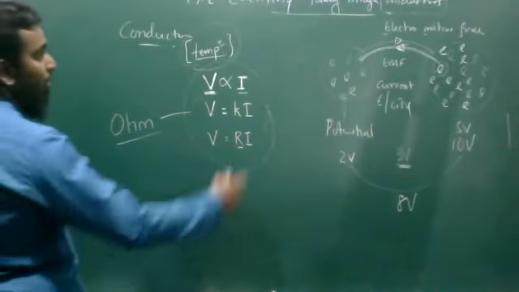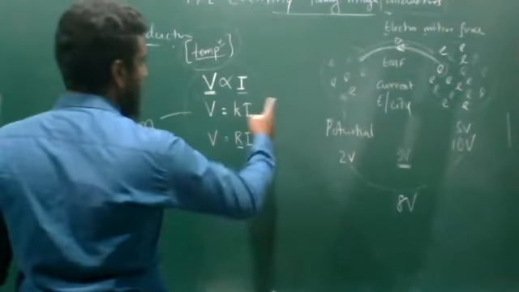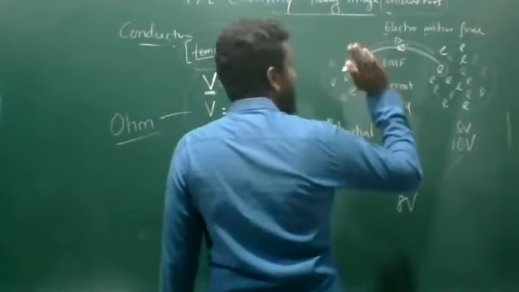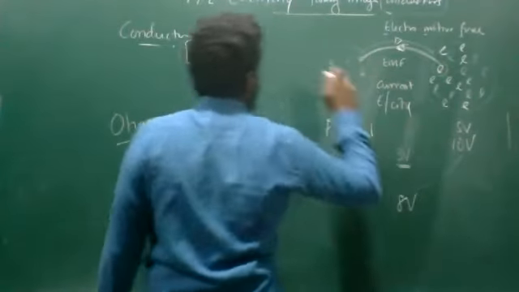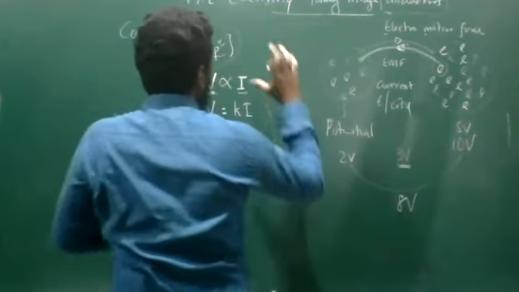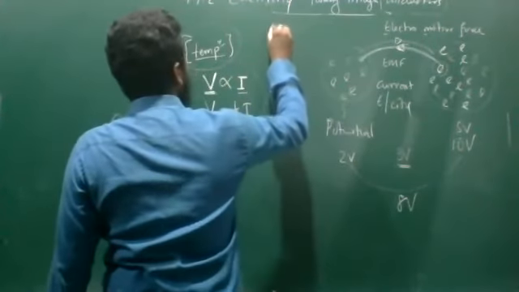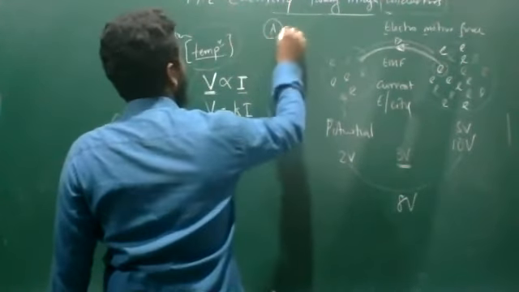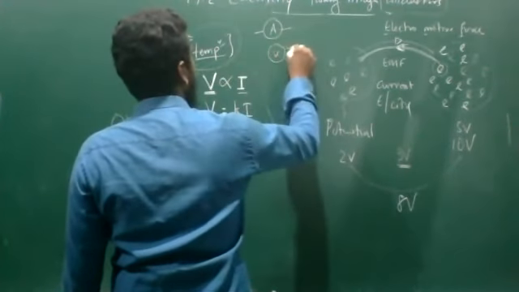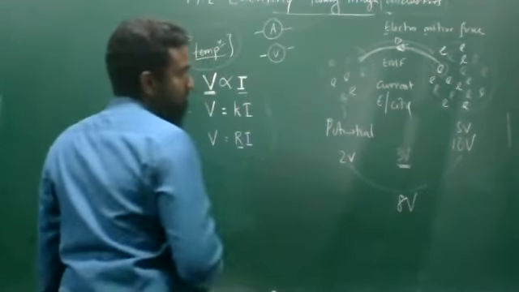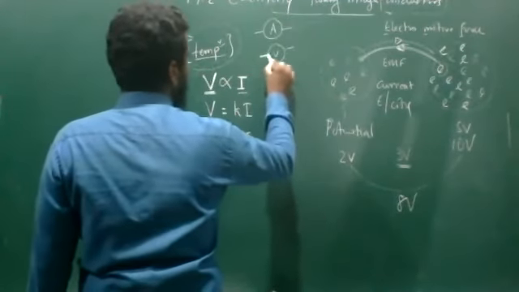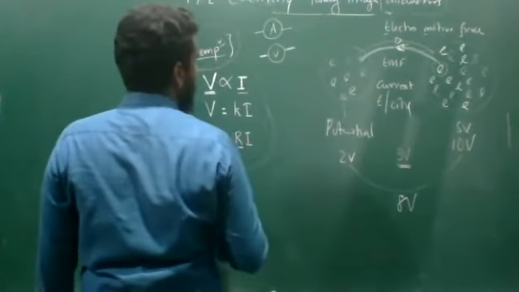Now, another thing that you have to know: we have 2 meters, which means 2 measuring instruments. One meter is known as the ammeter, and another meter is known as the voltmeter. The symbol of the voltmeter is V, and it will be denoted in a circuit like this.